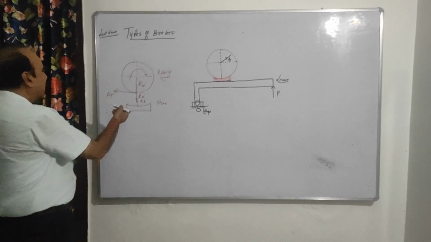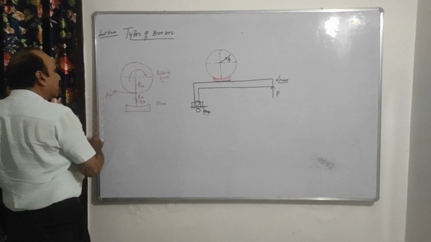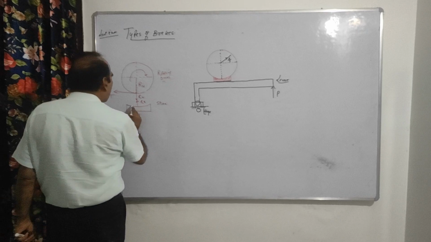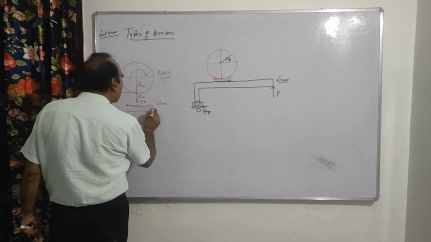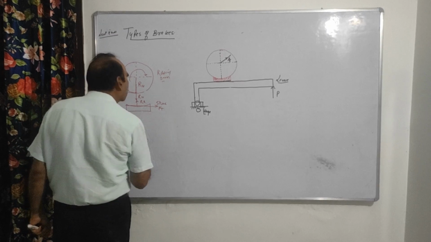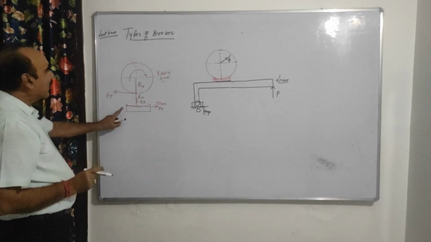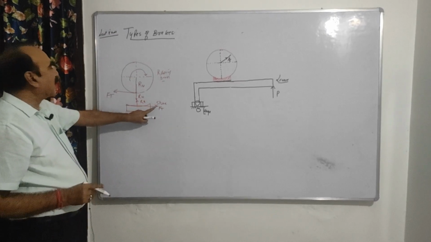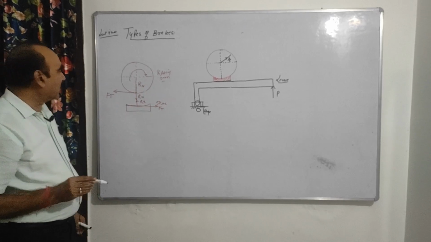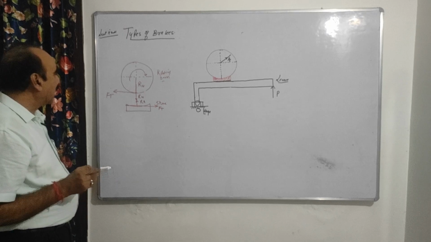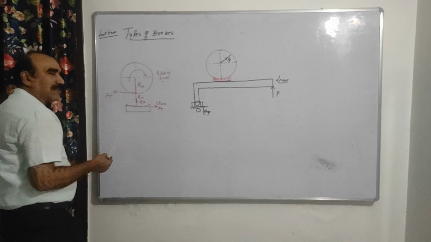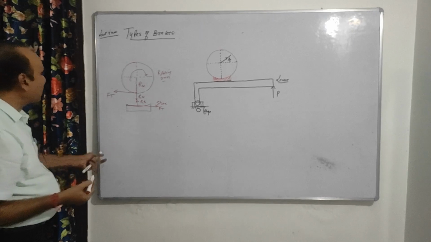In the same way, the force acts on the shoe. This is Ft also, the same magnitude of force acts on the shoe, and it is in the same direction as the rotation of the drum. So these forces will act on the shoe.